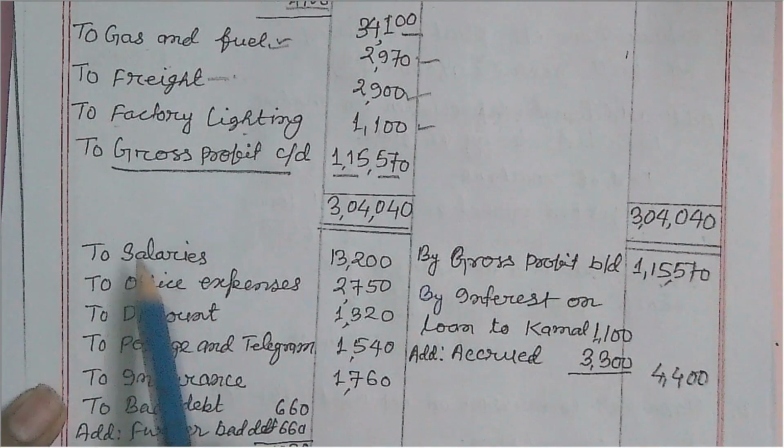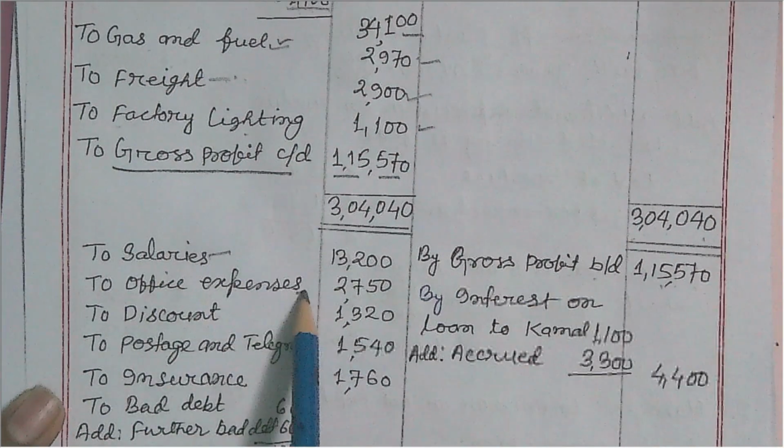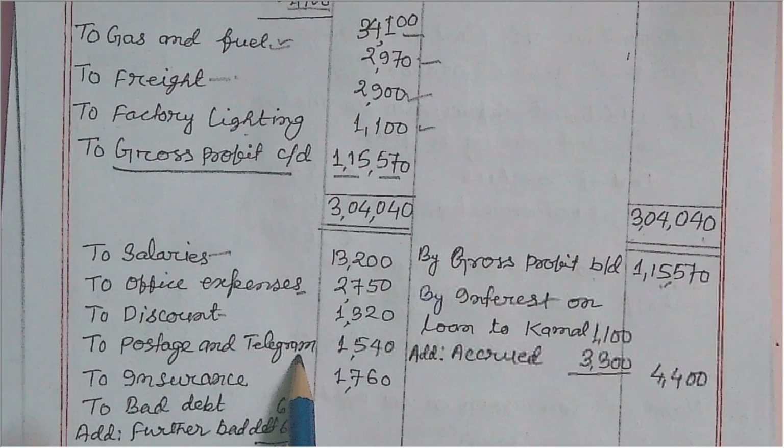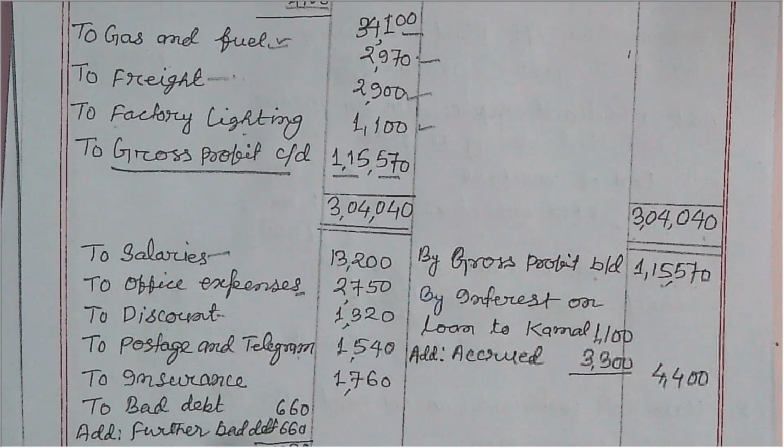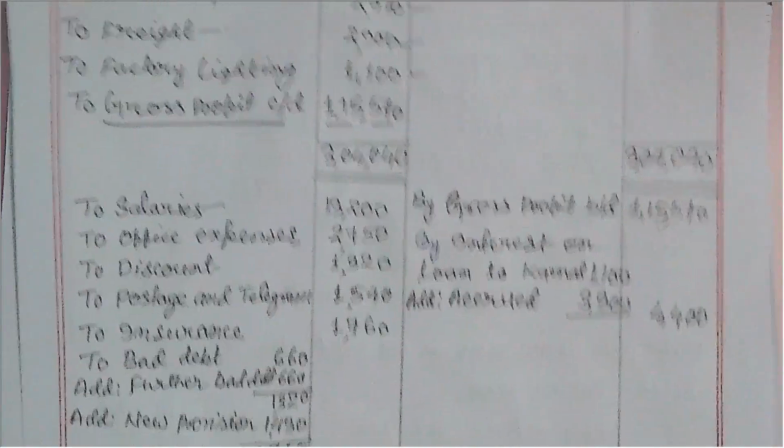So like salary, office expenses, discount, postage, telegram, insurance, bad debts, these are indirect expenses.